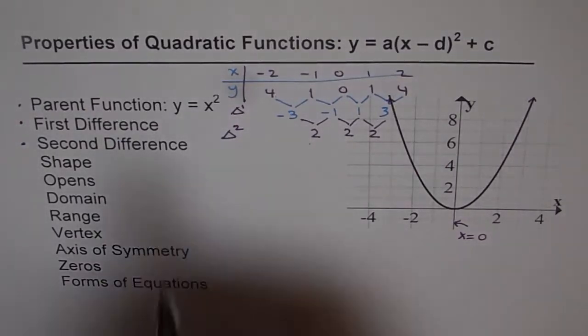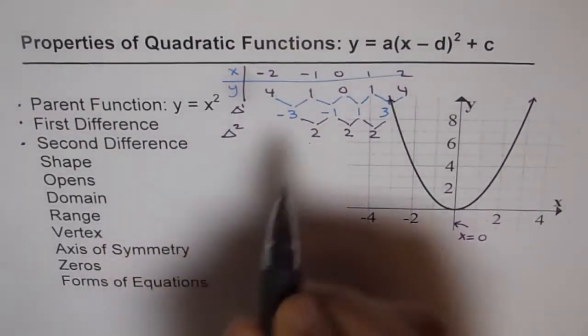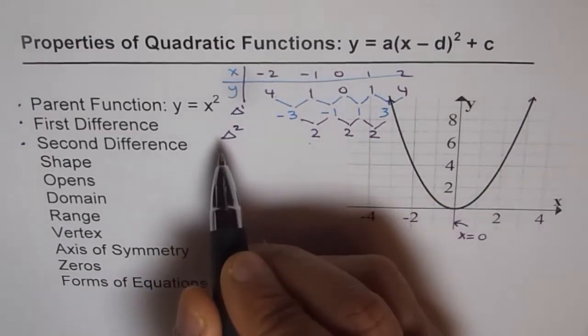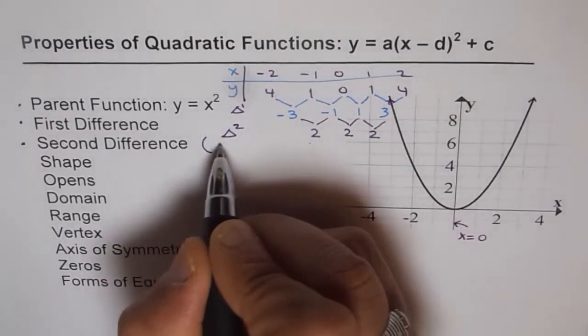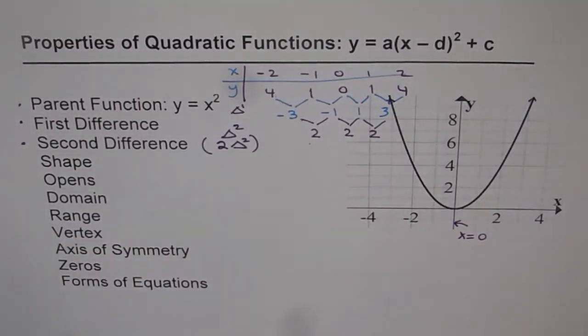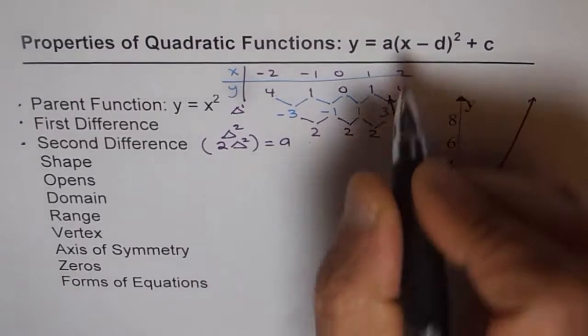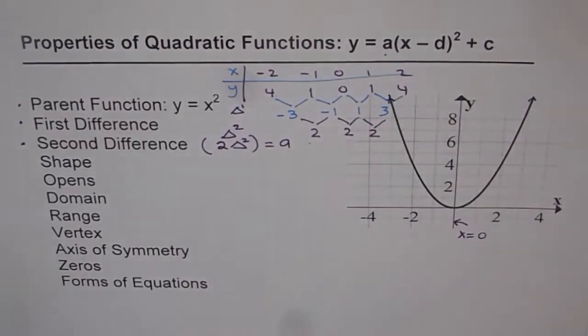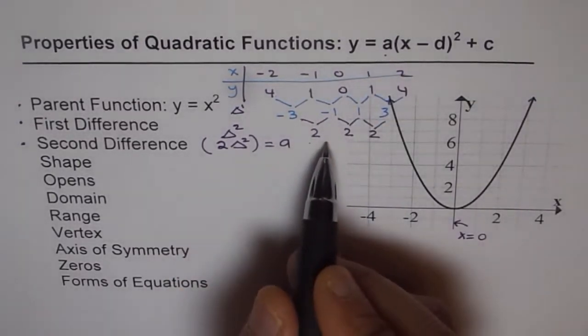We started with x squared. Here a is 1. What did we get? 2 times 1. So the relation actually is that the second difference is 2 times a, right? So the second difference is always twice the leading coefficient a.